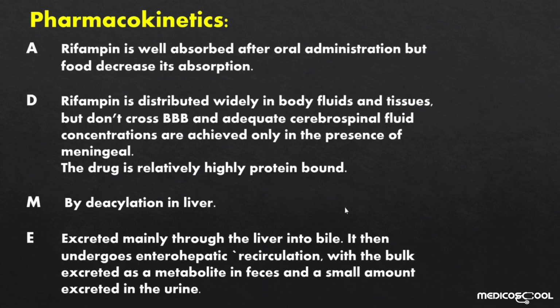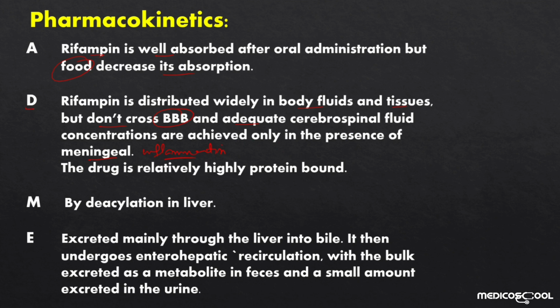Coming to the pharmacokinetics of rifampicin, it is also called rifampin. Keep in mind, it is also called rifampin. It is well absorbed after oral administration, but the presence of food decreases its absorption, so it is mainly taken before the meal. Towards its distribution, it has a wide distribution in body fluids and tissues, but cannot cross the blood-brain barrier, and adequate cerebrospinal fluid concentration can be achieved only in the presence of meningeal inflammation.